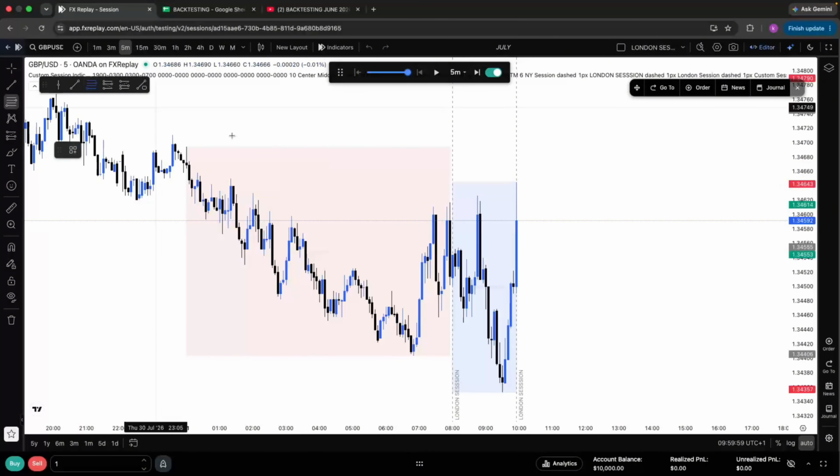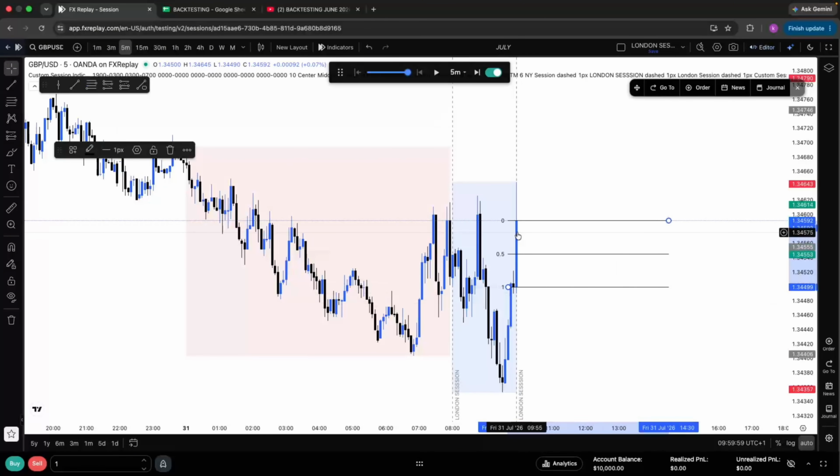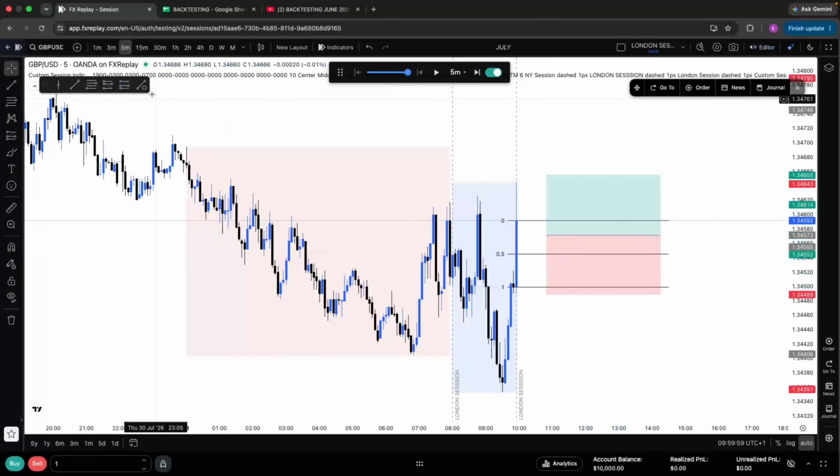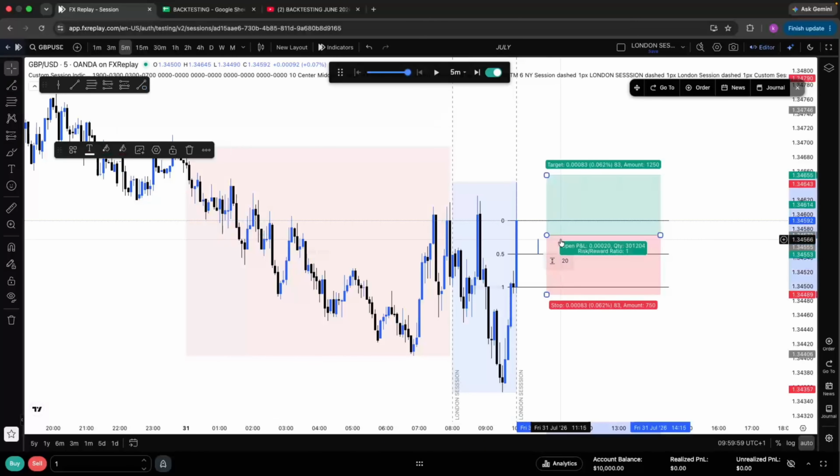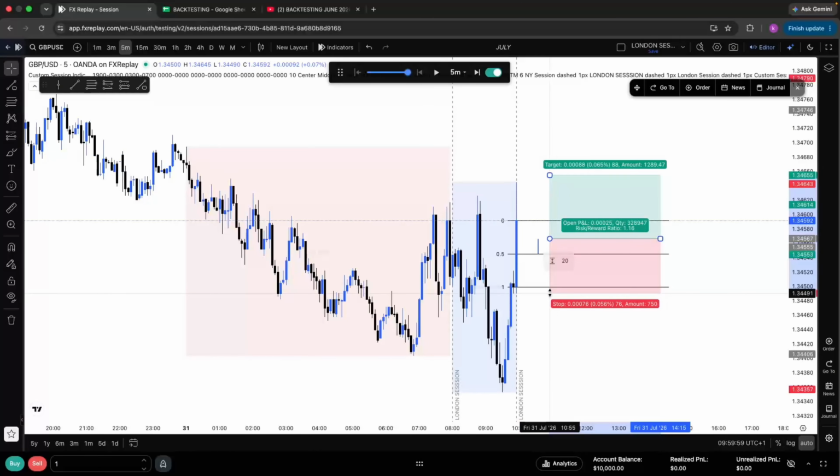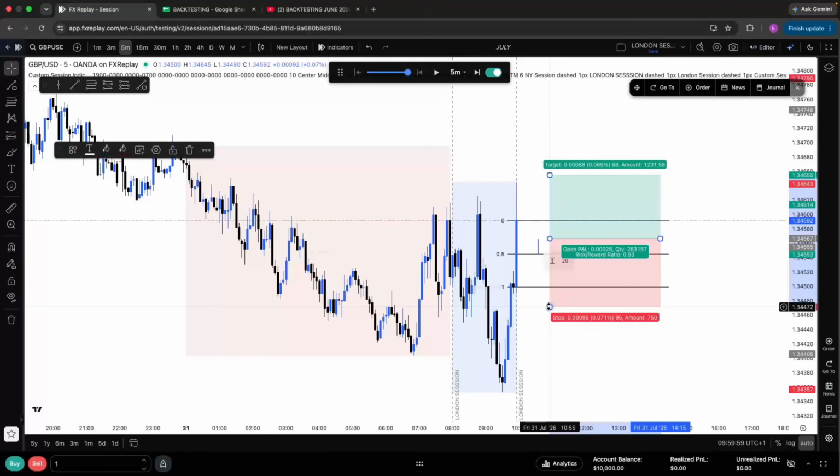Okay. So we got this bearish candle, created this high, and created this bearish candle, bearish candle, created a new bullish candle. So 20, 76, so 96.